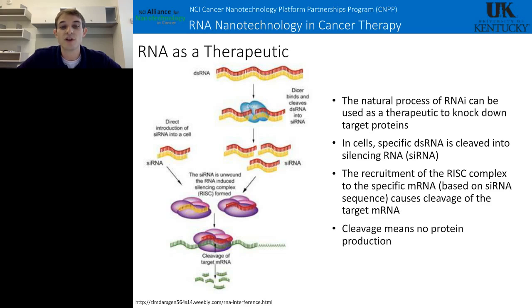So cleavage of the target mRNA means no protein production. So as opposed to certain small molecule drugs that maybe target the protein specifically to stop its production, siRNA works a step above that and tries to just stop protein production completely.